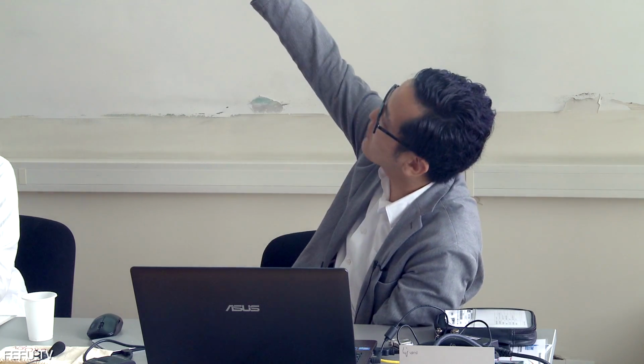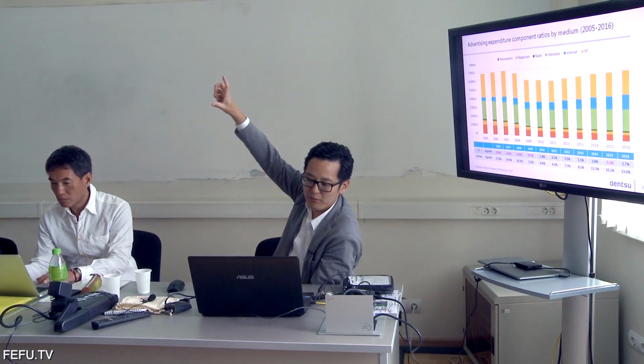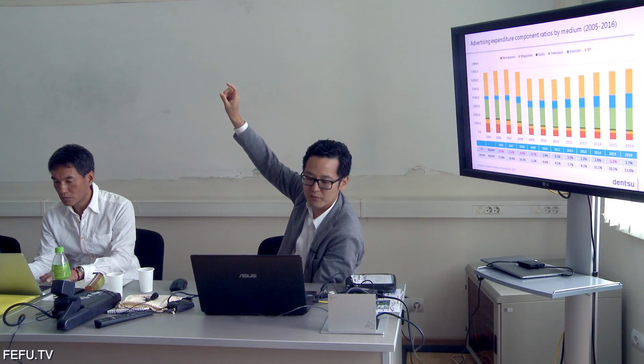Light yellow represents magazine, and orange represents newspaper. And you can recognize that the old media, what we call traditional media, like newspapers and magazines, are shrinking. So the length is getting shorter and shorter. And TV hasn't changed. It's still the largest media in Japan.